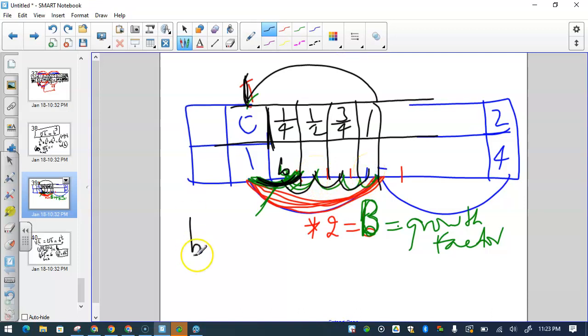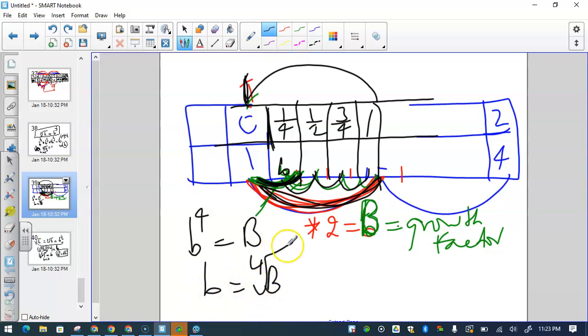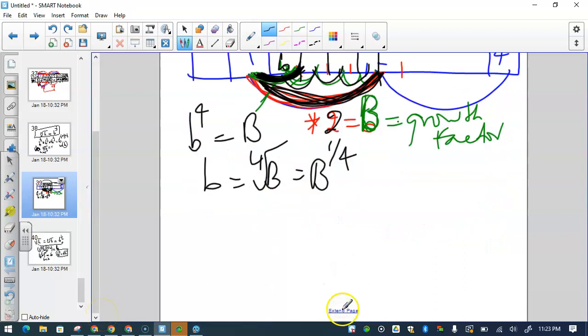So b raised to 4 should be equal to the big B, uppercase B, and you can clearly see that lowercase b is the 4th root of B, which is B raised to 1/4. That means whatever this was, which was 2 in this example, one quarter of that, that b is going to be the original B to the power 1/4.